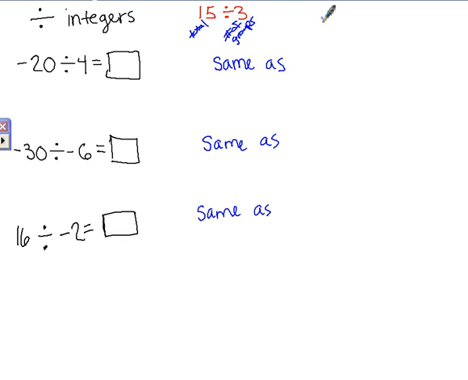And if I was going to draw a picture of that, I would say I have 15 pieces split into 3 groups. So 1, 2, 3. Here's my 3 groups. I'm going to keep distributing them until I'm done with 15.